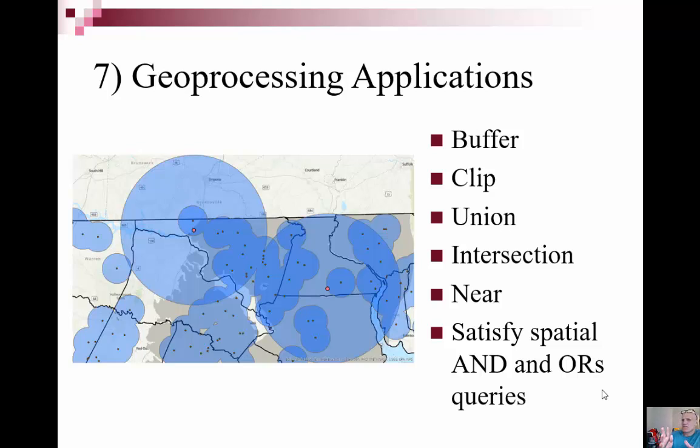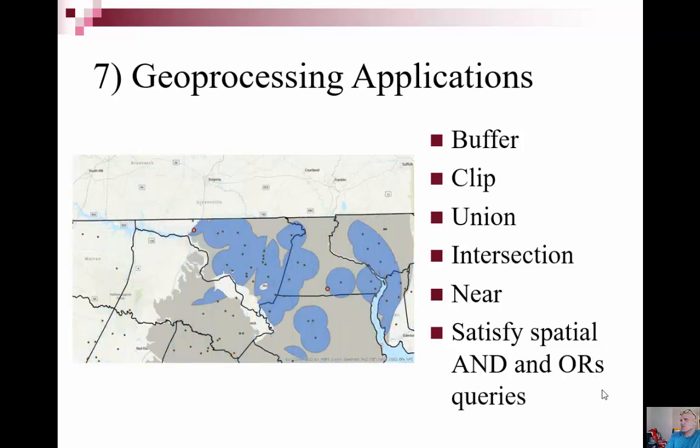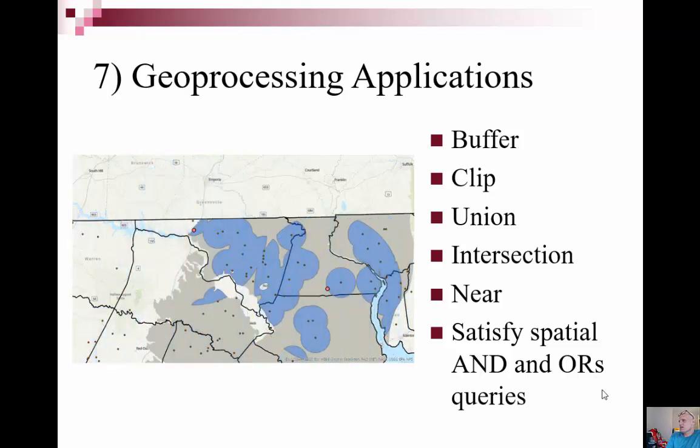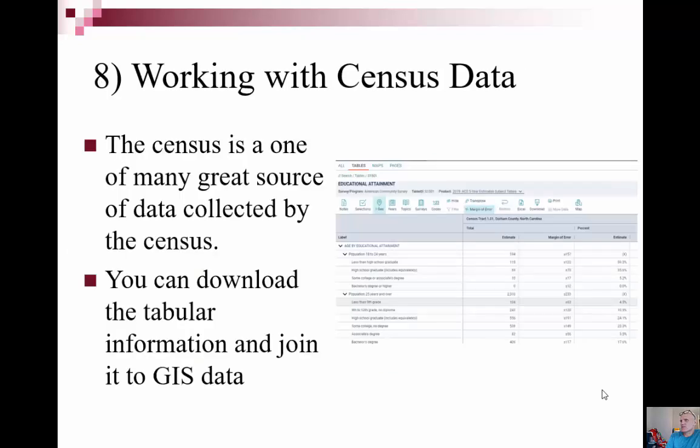Or a union: within 5 miles of this or 10 miles of this. So we satisfy the and and the or. And satisfies both, or satisfies one or the other. So you can see examples of unions. You can see examples of intersections.